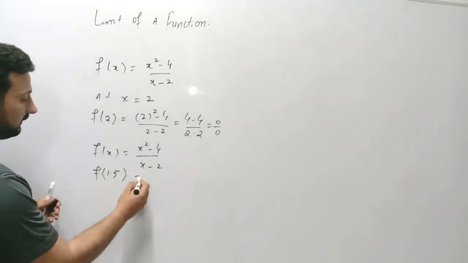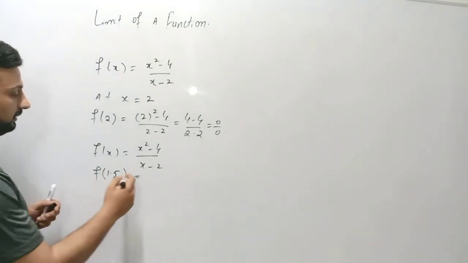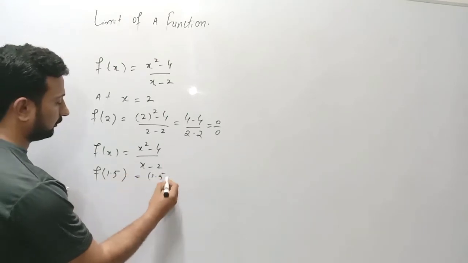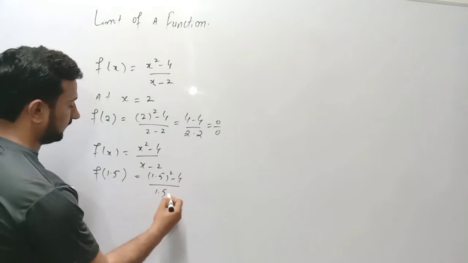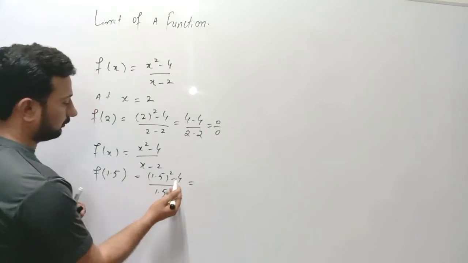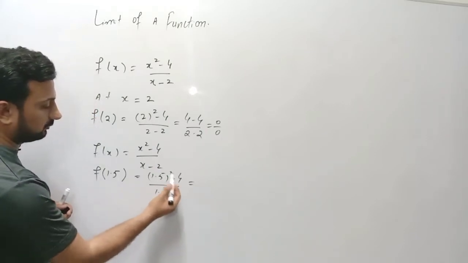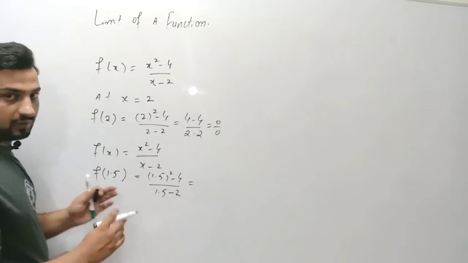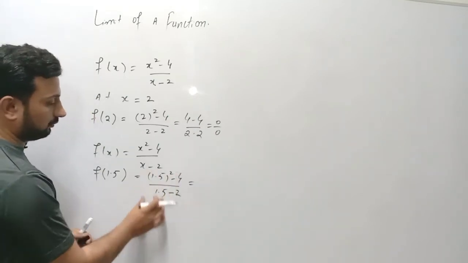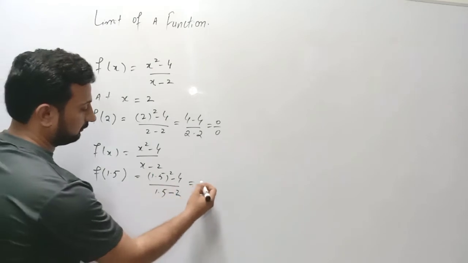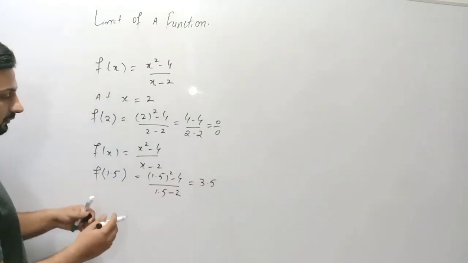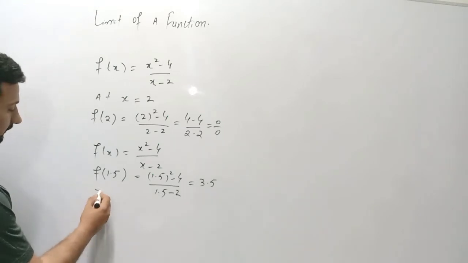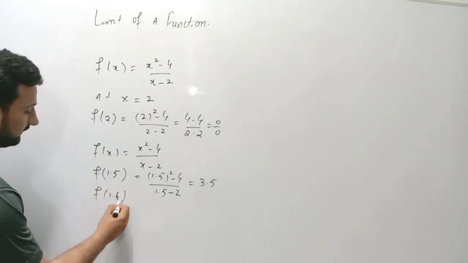So f of 1.5 equals 1.5 square minus 4 over 1.5 minus 2. I have already calculated this to save your time, and you can also check it. That will be equal to 3.5. We will increase one more step, f of 1.6.